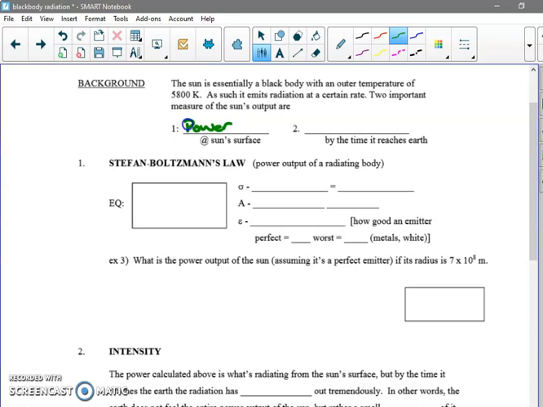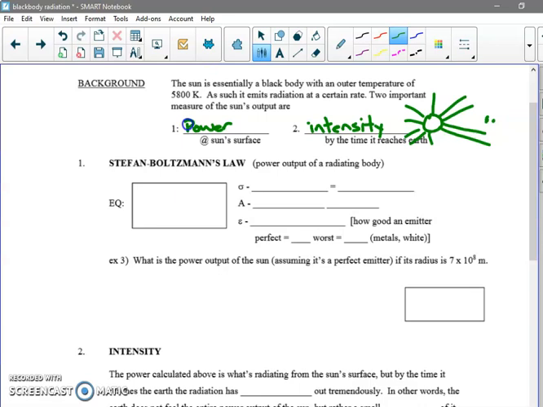And then, more relevant to the Earth, we want to look at its intensity by the time it reaches us. In other words, if here's the sun, and let me make the sun bigger, and here's the Earth quite a bit away, that energy is spreading out. That power is radiating in all directions, so we only get a tiny little chunk of it, and we want to be able to quantify that.